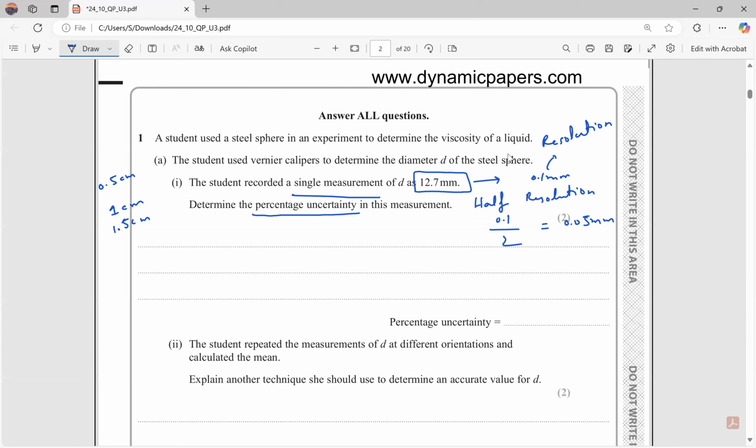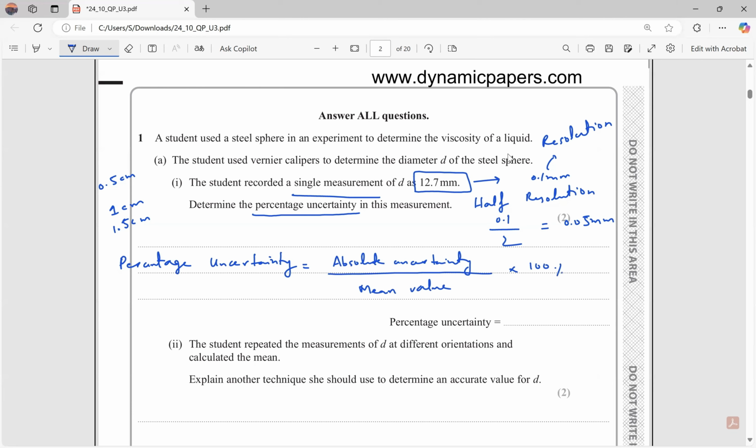So now we need to find the percentage uncertainty. Now we know the formula of percentage uncertainty is absolute uncertainty over the mean value times 100%.